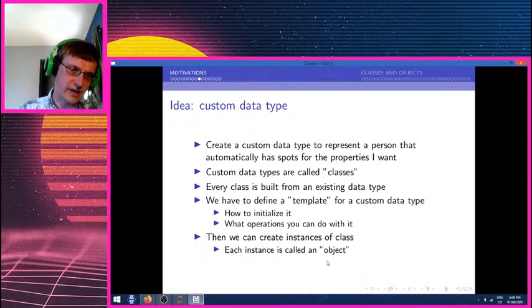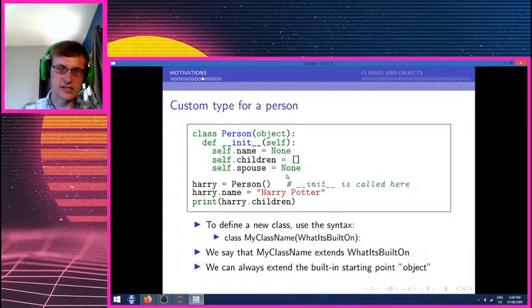Anyway, so this is how you can create classes to do this kind of stuff. And you can see that this is the code that I have just produced in Jupyter. Basically, we use the class keyword when defining a new class. We say that my class extends what it's building on.